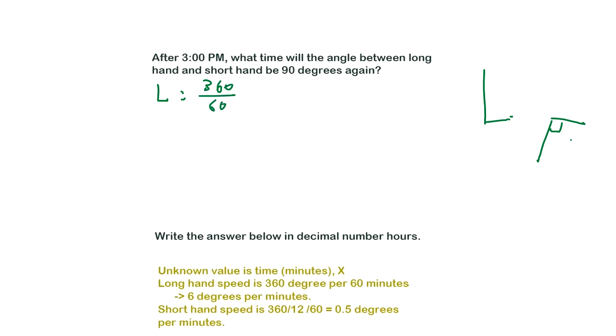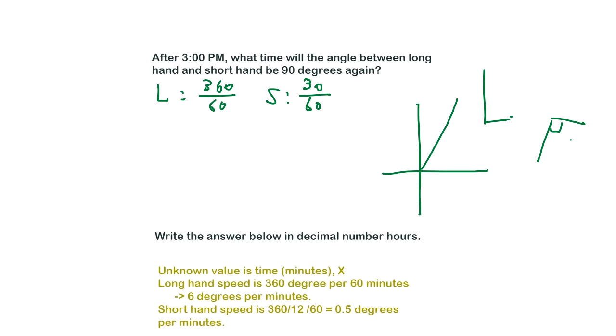Each minute it's moved this much angle, okay? And the short hand moves 30 degree for 60 minutes. So that's a speed, right? So what's happened is the long hand keeps moving, right?